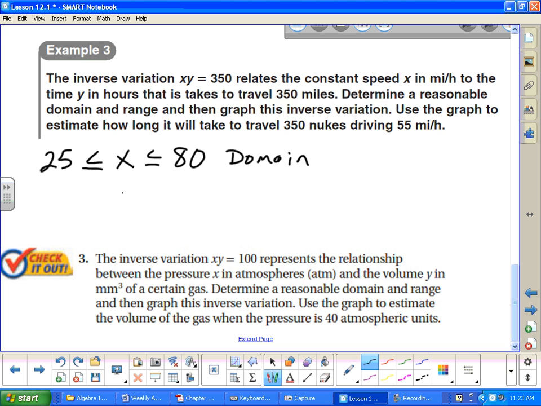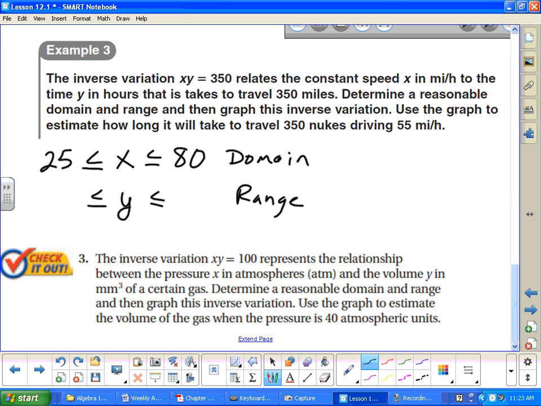Now, how would we find our range, which is the y values? How do we find the y values if we know the x values? Okay, we can substitute the numbers in for x and divide. So, since we're dividing, our smallest number for y is going to come from the 80, right?